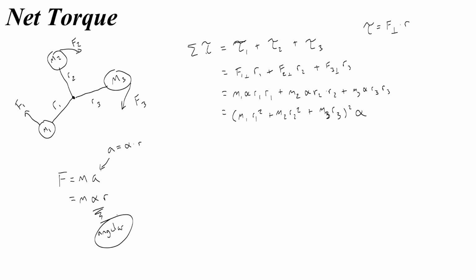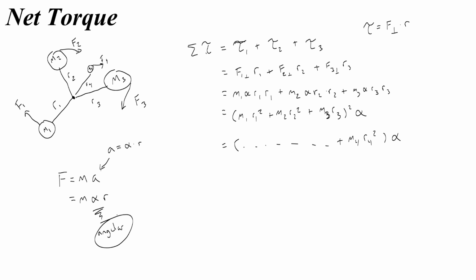So notice I pulled out the alpha and then I squared all of the r's. Okay, if I added a fourth object, m4, at some radius, r4, and a force, F4, what would change about my equation? Well, you would take everything that we just did and add m4 r4 squared times alpha.